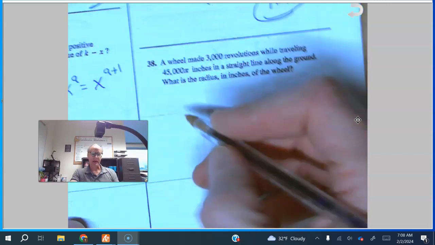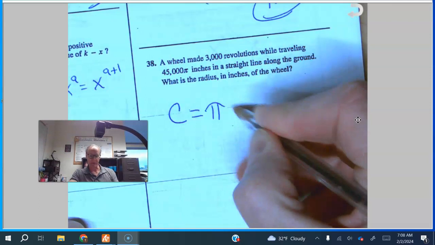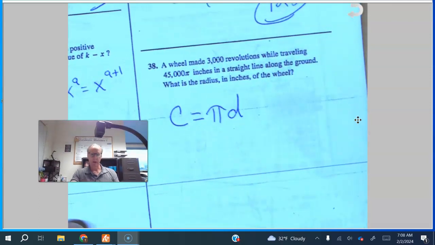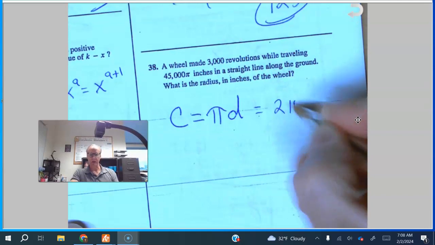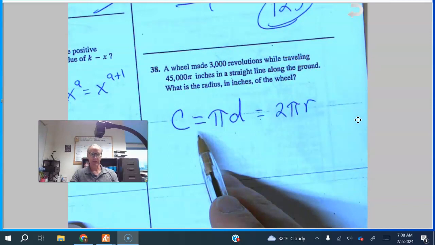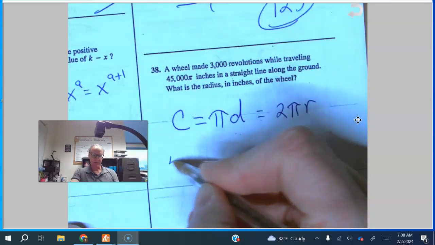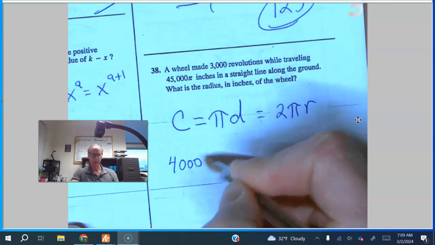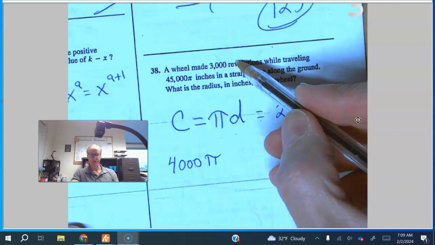Well, remember that circumference equals pi diameters, or 2 r's. So this is 2 pi r, the way most people write it. So the circumference is 45,000 pi, and it says 3,000 revolutions.